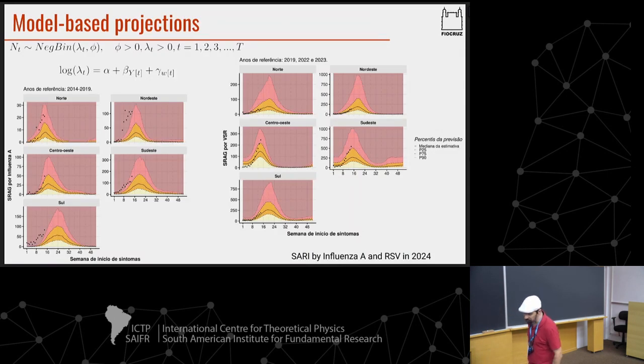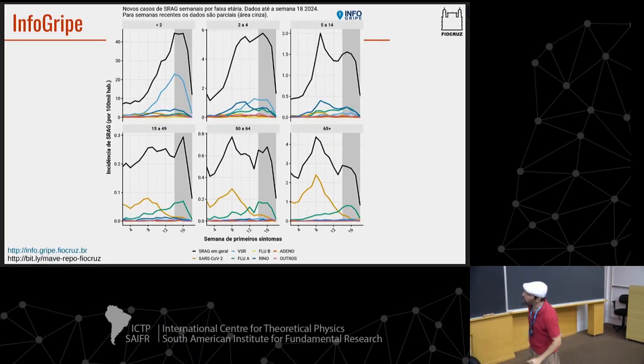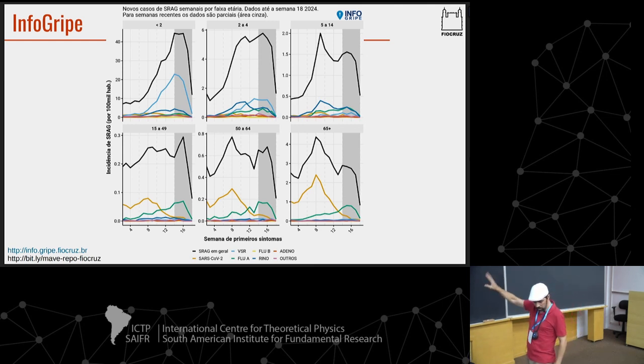So since we are facing right now, and this is already a spoiler of this week's bulletin, because the data here goes all the way to week 18, which was last week. So this is data that will become public by the end of this afternoon.